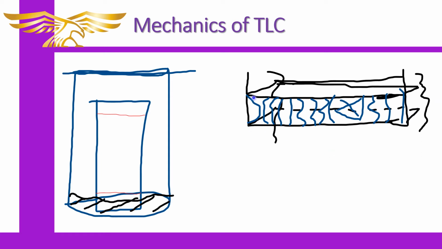And you can see that I've drawn in some of these purple lines here. What this is meant to represent is that there's a matrix created by the molecular network of the silica.